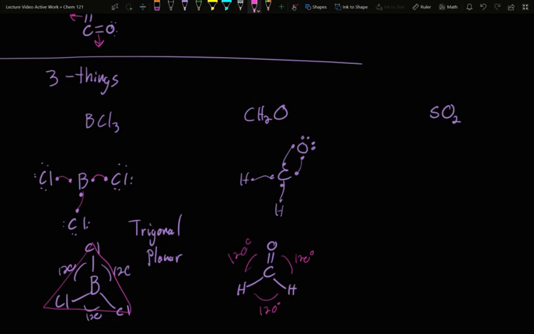So in a system where everything's the same, like BCl3, they really are 120. Our formaldehyde here in the middle is slightly different, but not by much. And so we are only going to ask for the idealized 120 degrees. You will never have to solve the unique real degrees for a real molecule, but they will always be very close to this. Well, this is three things around the center. Again, this is trigonal planar.